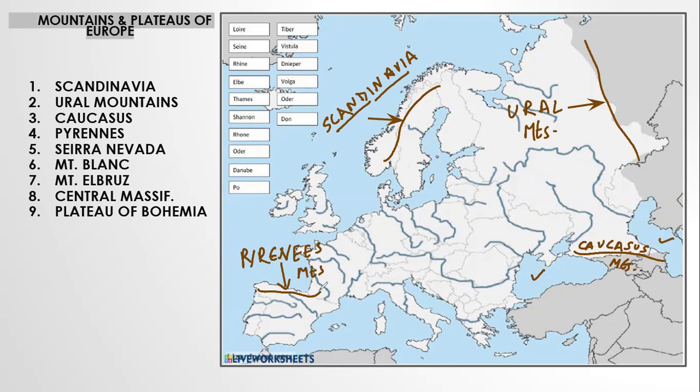Then we have to mark another thing. The next one is Sierra Nevada, and the Sierra Nevada is right here at the bottom.